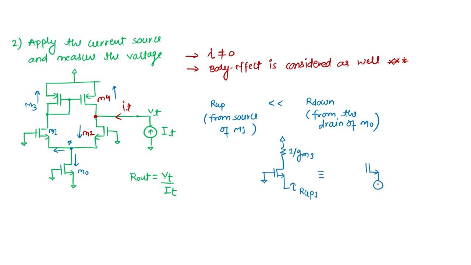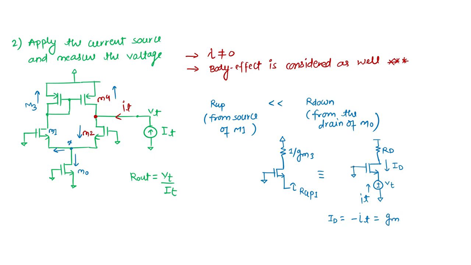Let me apply a test voltage here. I am doing a separate calculation for it. Let me consider it R. This is my IT, upside is IT, and this is the actual ID I always consider. So what is the ID? ID is equal to minus IT, which is equal to gm VGS. What is the VGS?